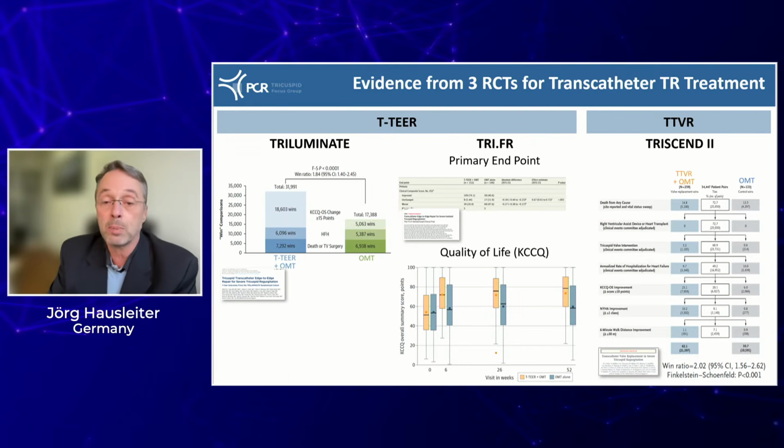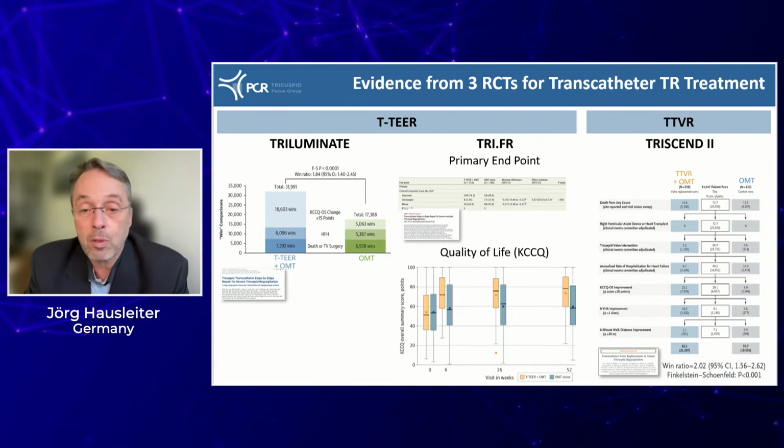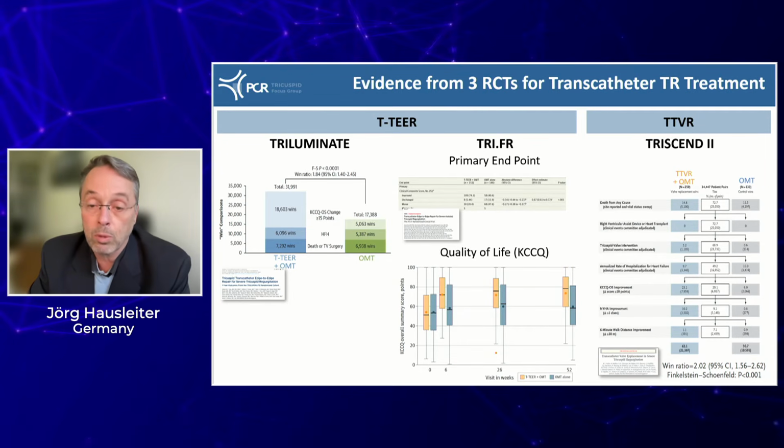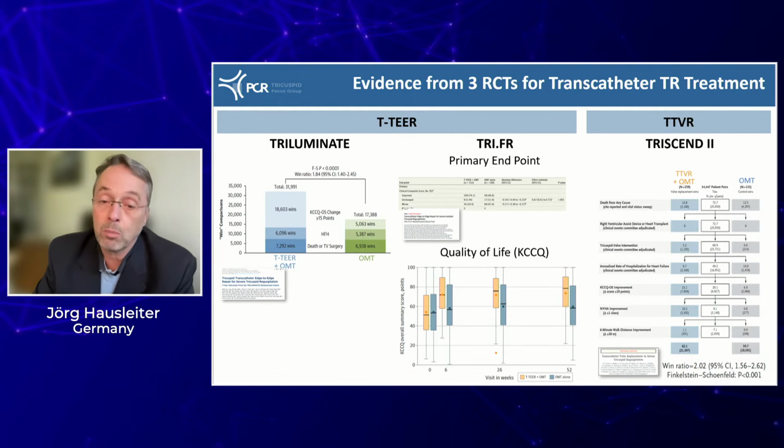Now, why is this? Because in the meantime, we have 3 randomized clinical trials with a tricuspid repair and tricuspid replacement, which all 3 demonstrated a significant improvement in the primary endpoint, which was driven by an improvement in quality of life in all of those 3 studies. They did not show in the primary endpoint an improvement in mortality or heart failure hospitalizations, but this is something perhaps we can also discuss subsequently.